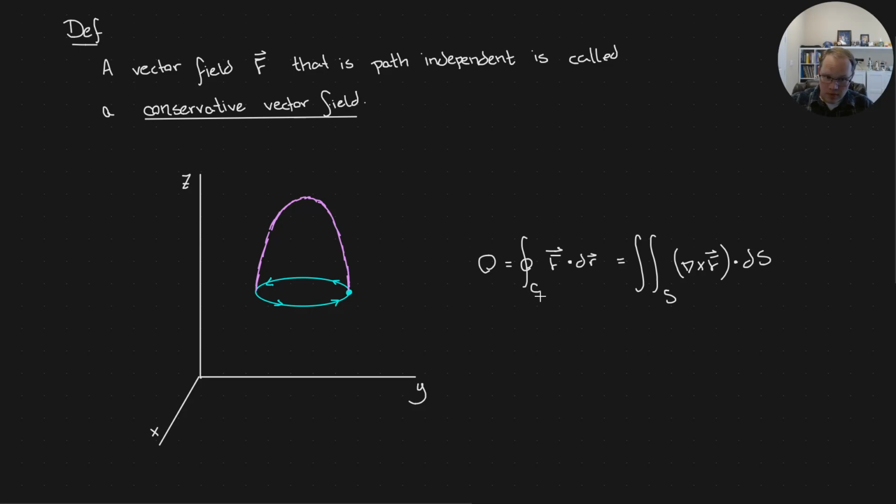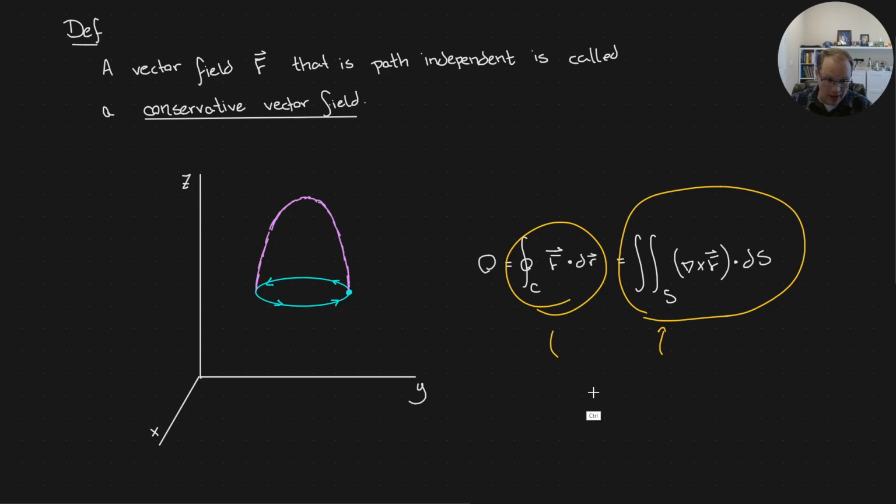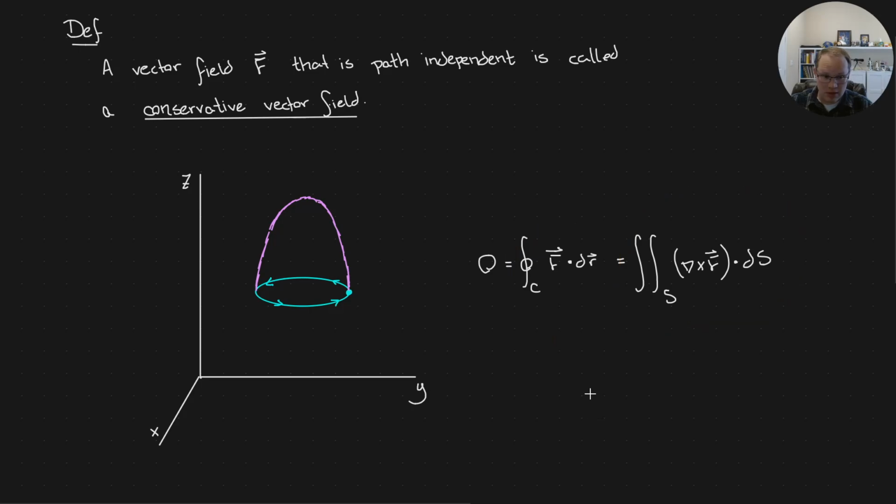Now, very important: this is true for any closed path in space. I've drawn one example, but if we have a conservative vector field, then this holds for any closed path in space. And by Stokes' theorem, for any surface that has this closed path as its boundary, the flux of the curl of the vector field through the surface would also be equal to the circulation along the path. Okay? They'd be equal.